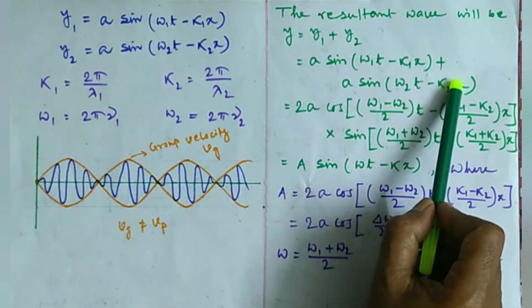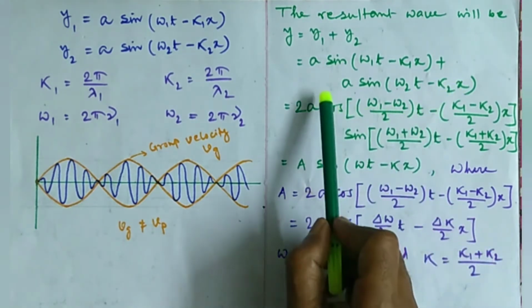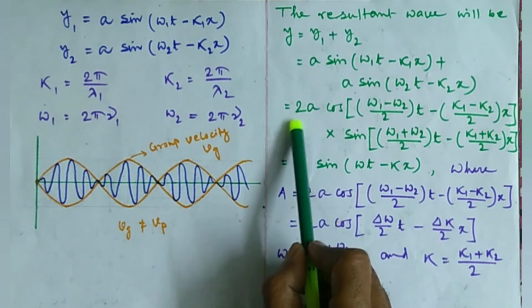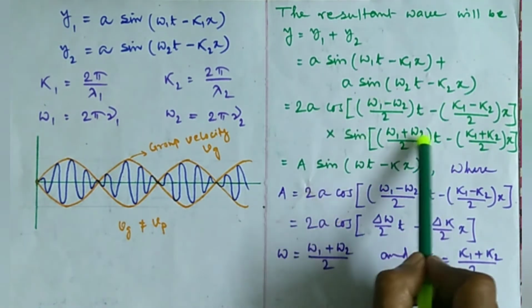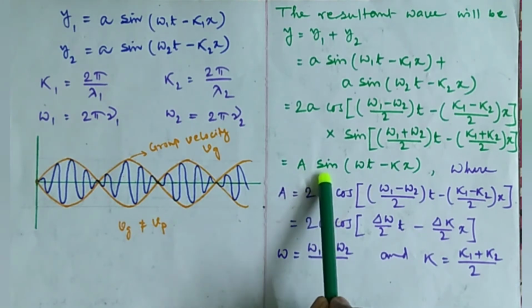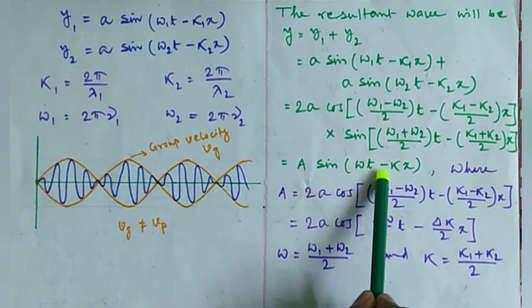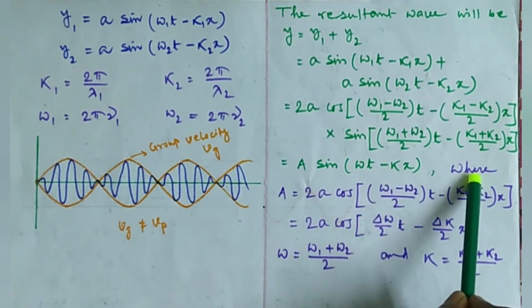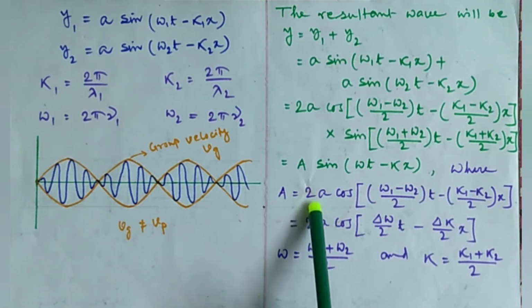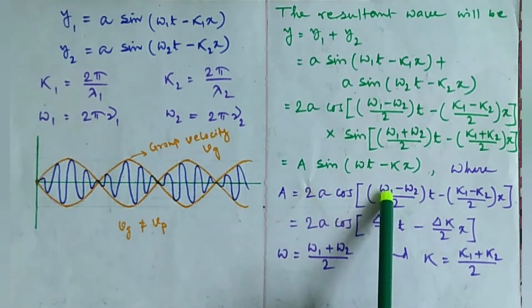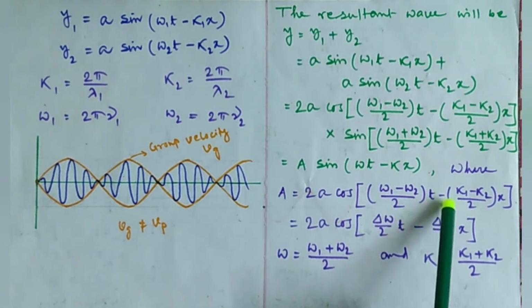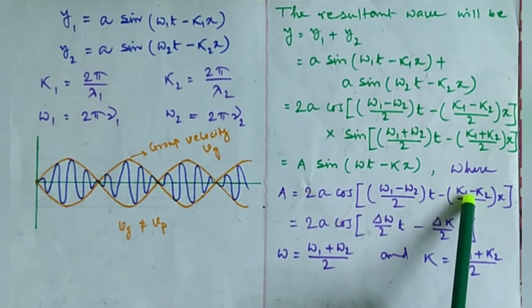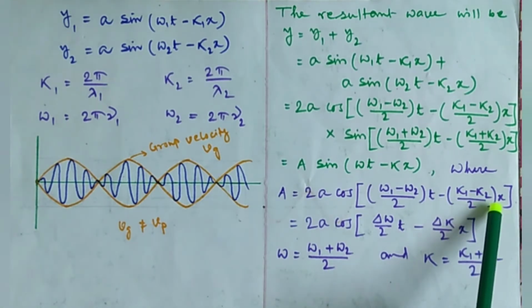This is obtained by the superposition of the waves, and we may write this expression as A sin (omega t minus kx), where A equal to 2a cos [((omega 1 minus omega 2) by 2) into t minus ((k1 minus k2) by 2) into x].